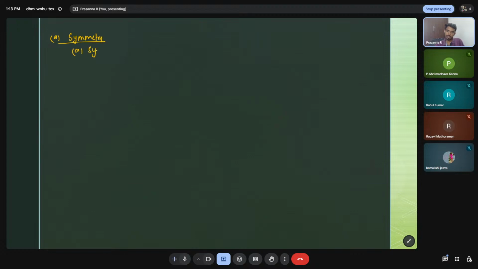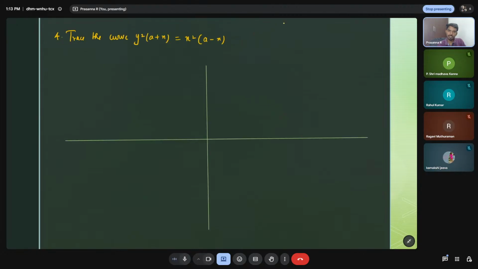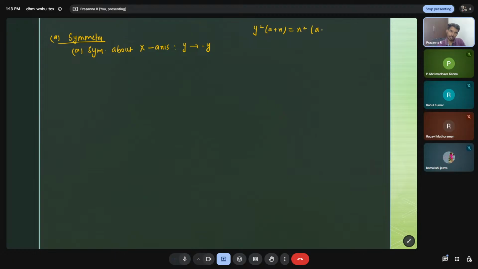First we will see whether it is symmetrical about x-axis. For that you have to replace y by minus y, where the curve is y square into a plus x equal to x square into a minus x. Yes, it is symmetrical about x-axis. If you put y equal to minus y, the curve will not change.